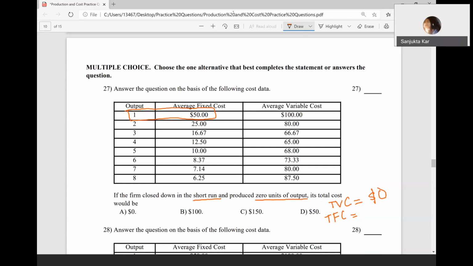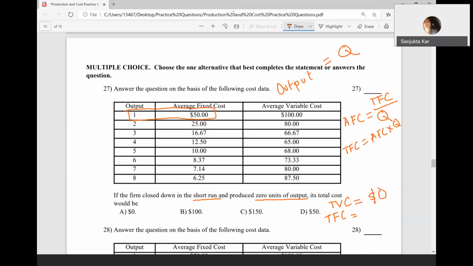So I can write down the formula of average fixed cost. This is equal to total fixed cost over output. The output is denoted as Q. So the average fixed cost is total fixed cost divided by output. So the total fixed cost is equal to average fixed cost times output.